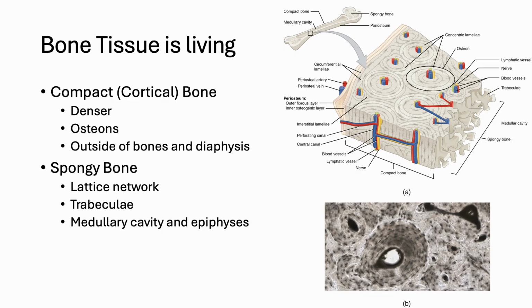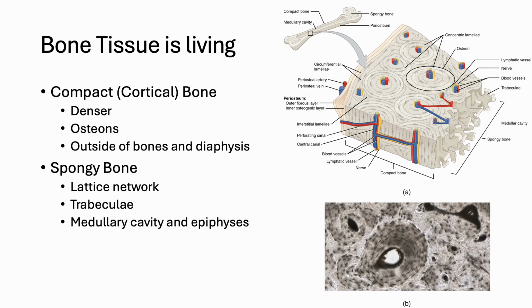Now remember that we have both compact bone, sometimes called cortical bone, and spongy bone, right? Both of these are living tissues. They have vascular supply, they have nerves that carry signals. The compact bone is denser, right? And the living cells are found in these concentric circles called osteons.